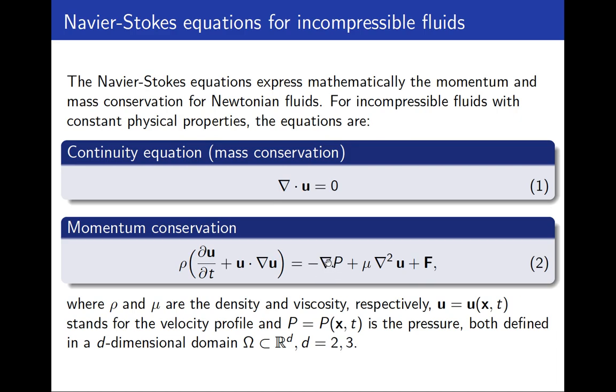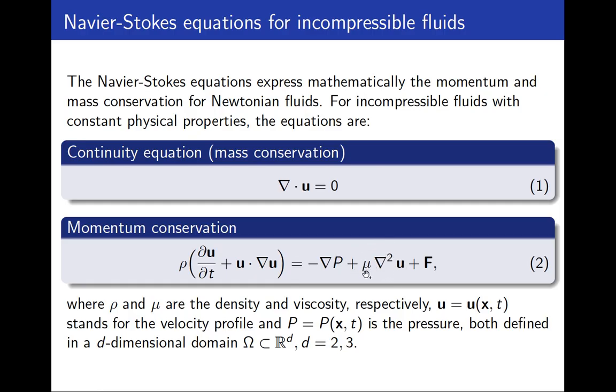So this first term is the pressure gradient that can be, for instance, affected by a mechanical device, such as a pump. A pump is able to modify the pressure values of the fluid. This term is the Laplacian of the velocity multiplied by a physical quantity. So this is the diffusive term.